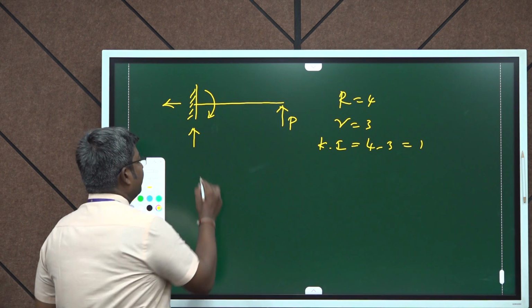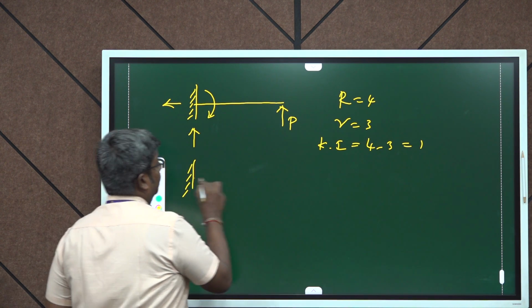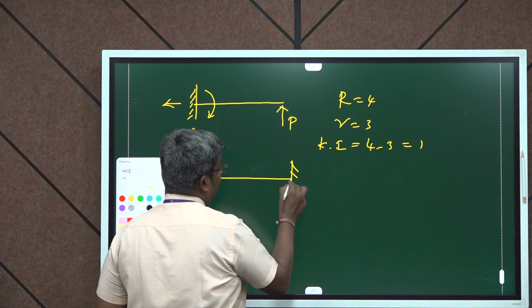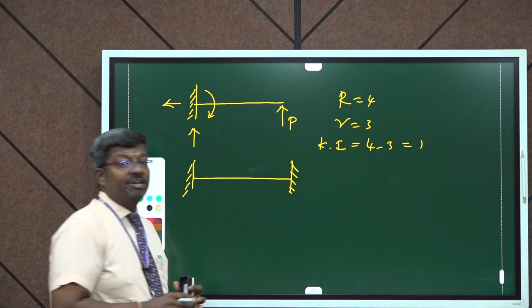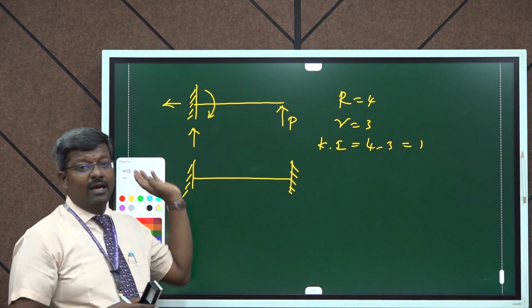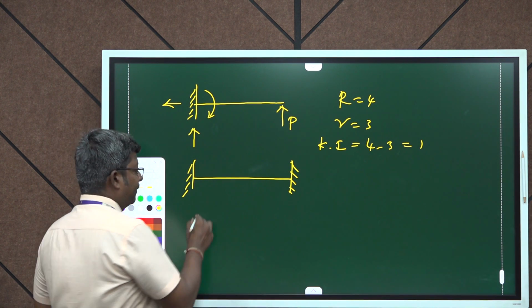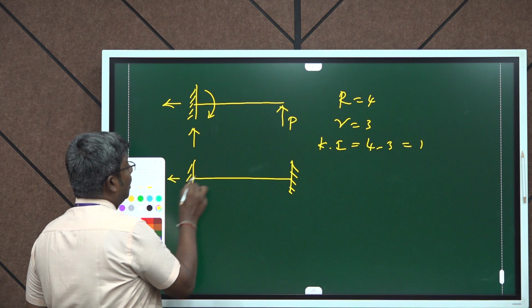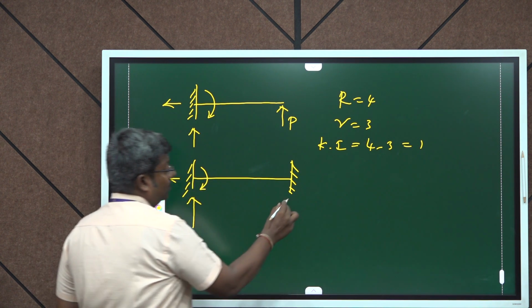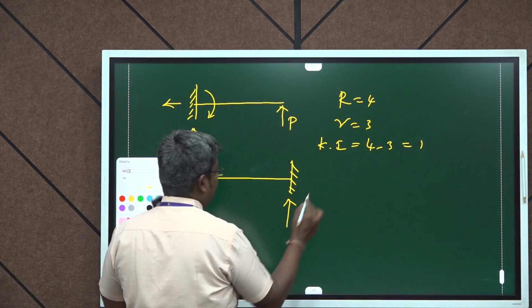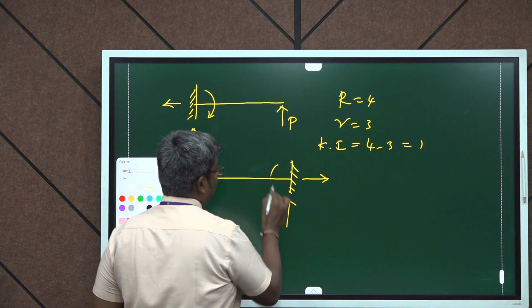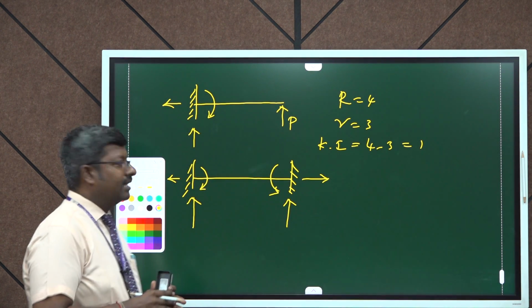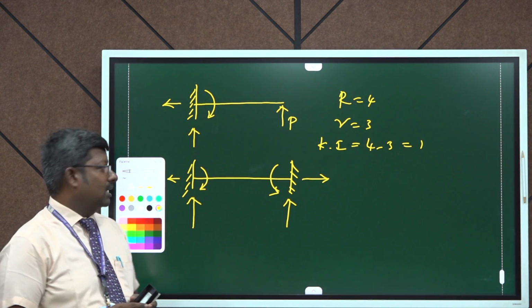Let us take the fixed beam as an example. A fixed beam is a beam which has a fixed support at either end. A fixed support has 3 reactions: vertical, horizontal and moment. So, there are 3 reactions at one side. So, totally 6 unknown reactions are there in a fixed beam.